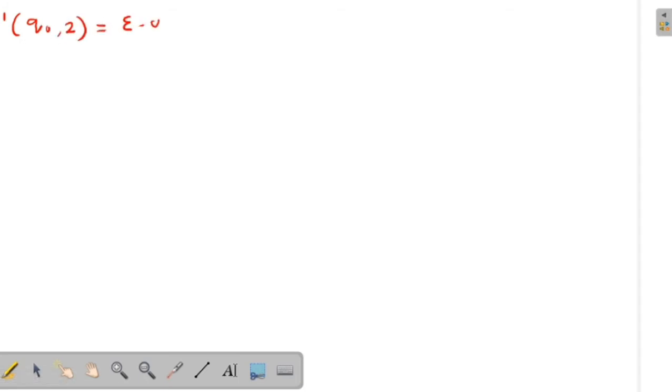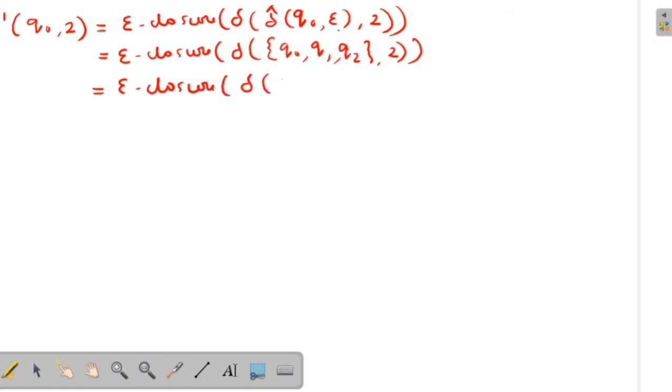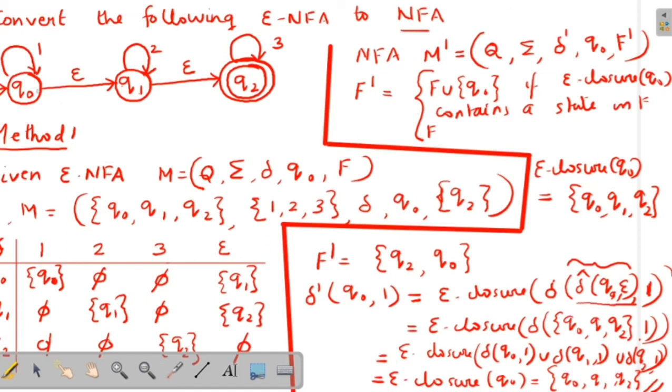Delta dash of Q0 comma 2 is the epsilon closure of delta cap of Q0, epsilon, 2. Delta cap of Q0, epsilon is the epsilon closure of Q0, so this is the epsilon closure of delta of {Q0, Q1, Q2} comma 2. That equals the epsilon closure of delta of Q0, 2 union delta of Q1, 2 union delta of Q2, 2. What is delta of Q0 comma 2?